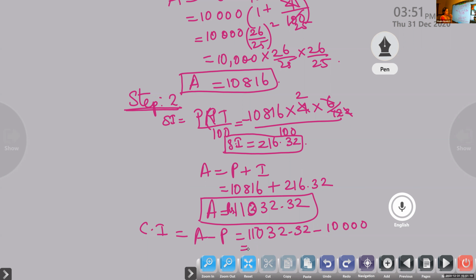What is the final answer? Yes, Karthik, what is the final answer? Aparna? Ma'am, 1032.32. So this is the compound interest we will get.